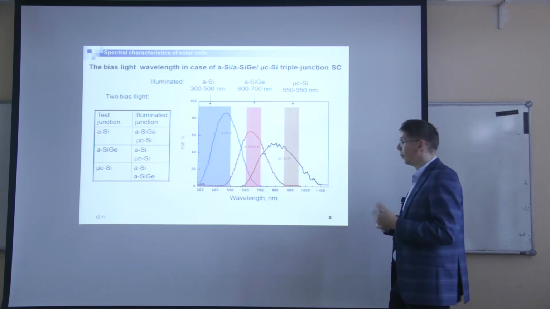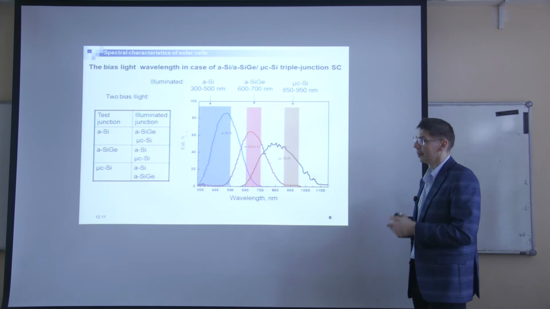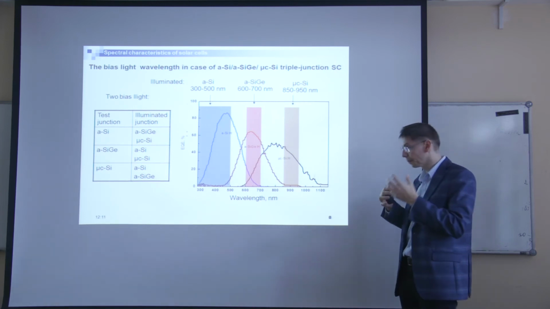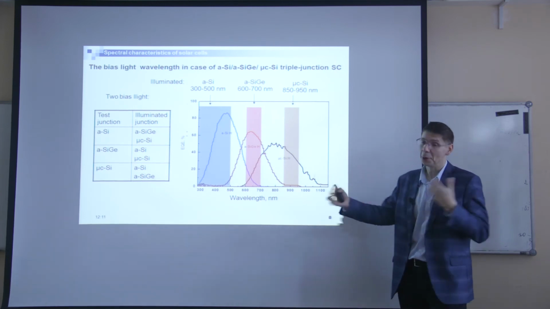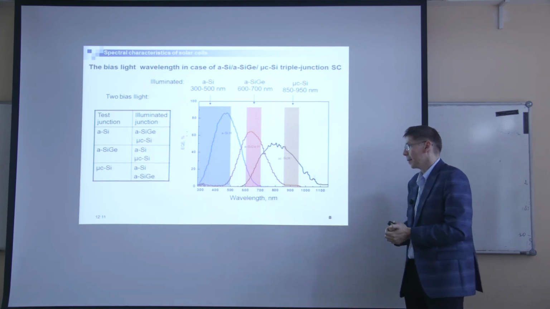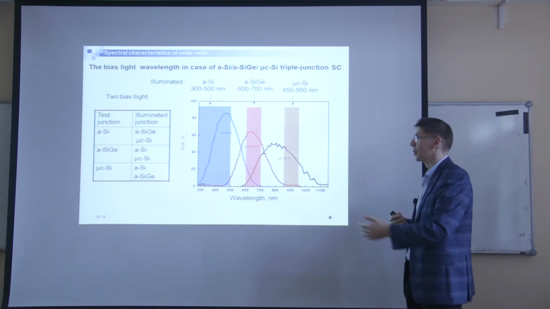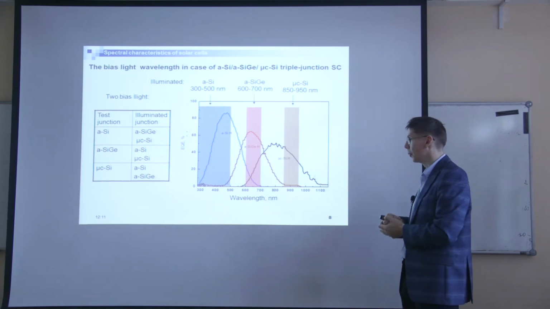But normally, for normal multi-junction solar cells, in any case you have to distinguish the area. You have to select them, because otherwise there is no reason to use several junctions with the same spectral response.